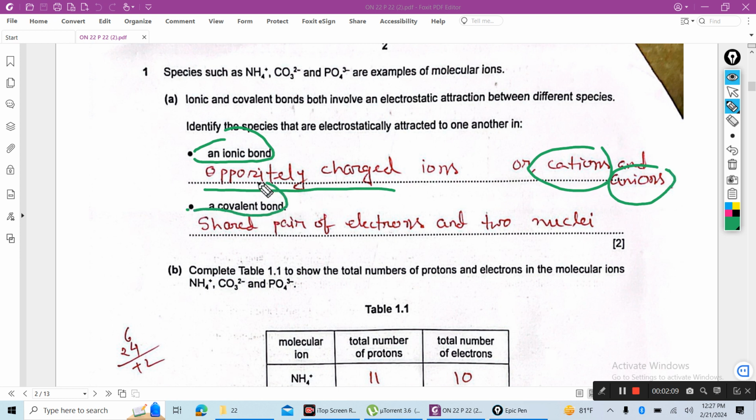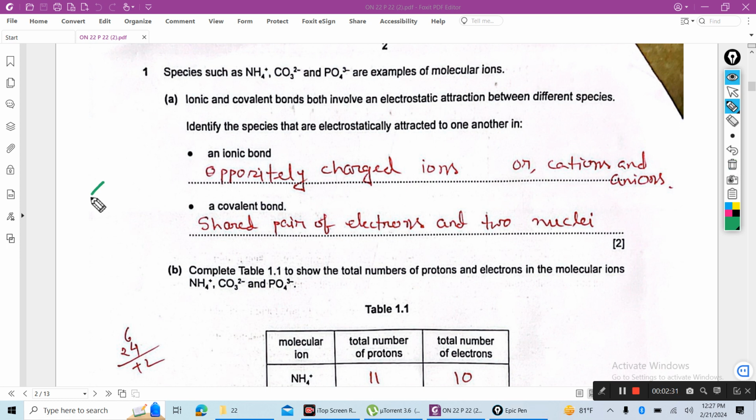A covalent bond: the attraction between a shared pair of electrons and two nuclei. There is attraction between the shared pair of electrons and the nuclei of atoms, two nuclei, plural.